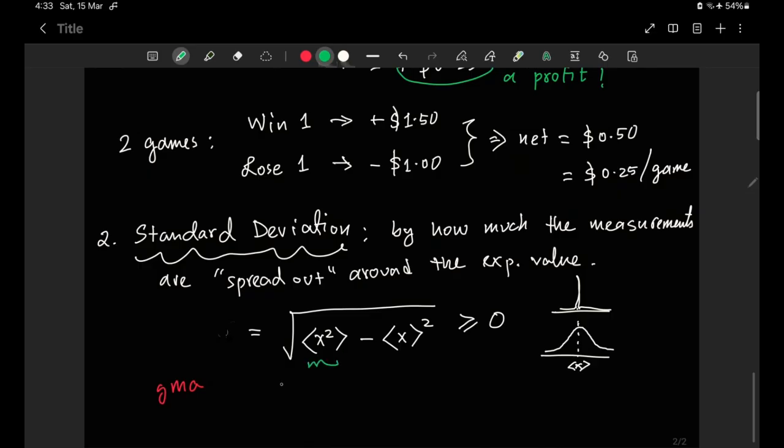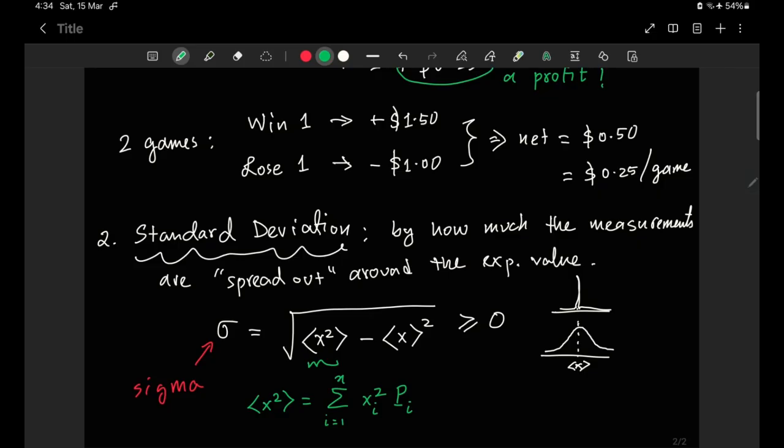It is nothing but the square of x for every ith outcome weighted by the probability of the ith outcome, and then you sum over the whole product.